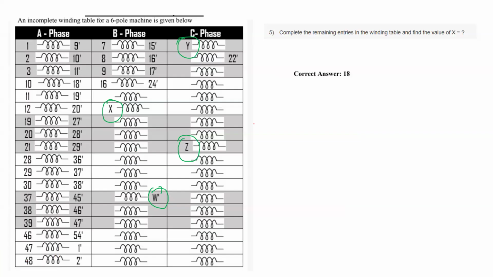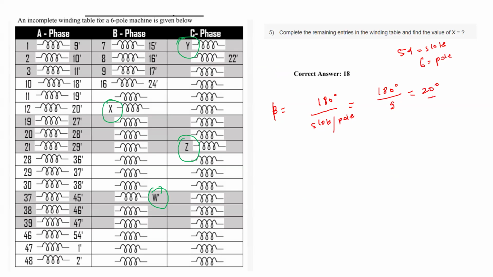So how to find this? First of all, we know how beta is found: beta is 180 degree by slots per pole. This is a 54 slot machine and the number of poles is 6, so 54 by 6 is 9, and 180 by 9 is 20 degree.